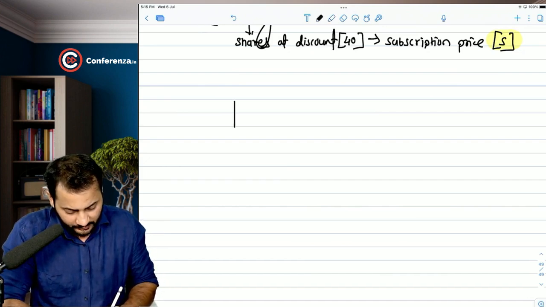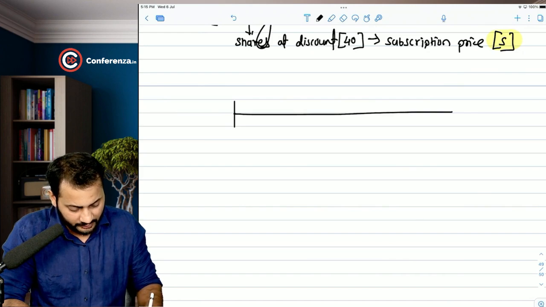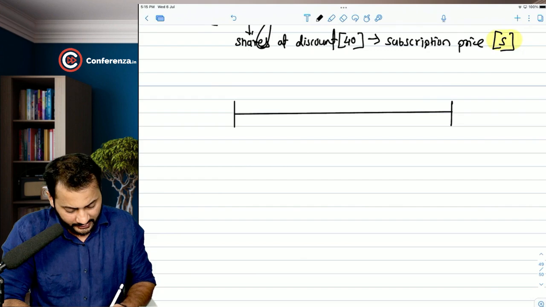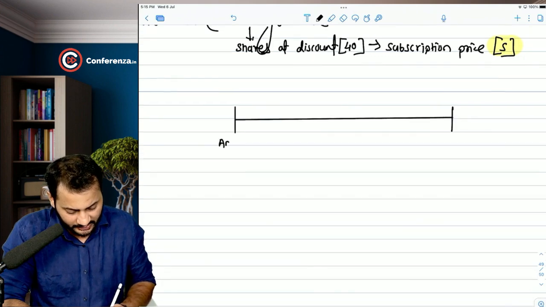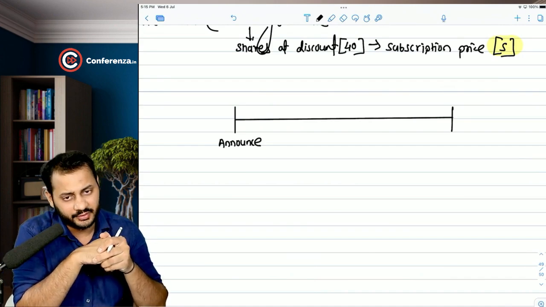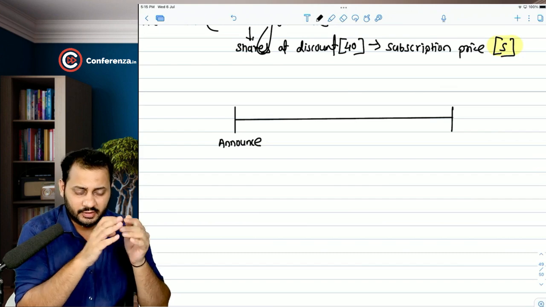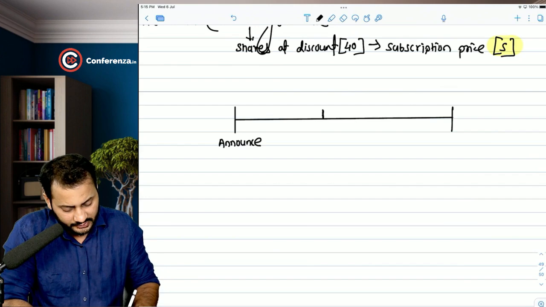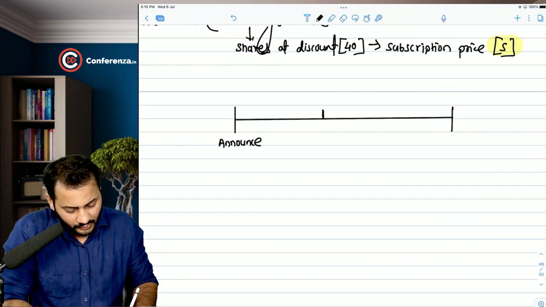It's better to draw a timeline of what happens and when it happens. So at the very first, the company announces that it is going to issue a rights share. This is the point where the company is making an announcement. After that, there will be a particular date, and this date will be called the record date.